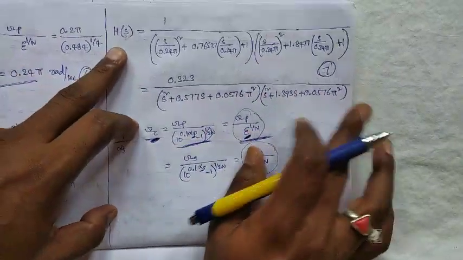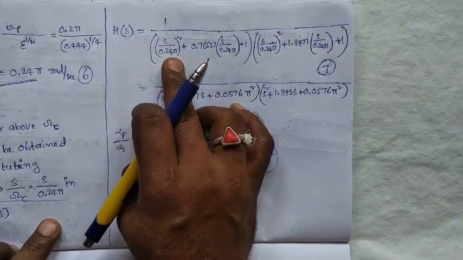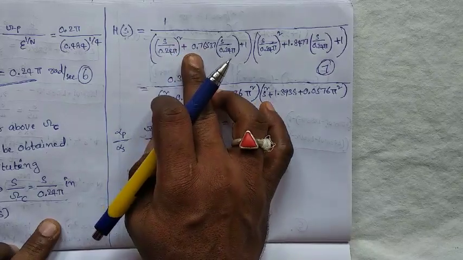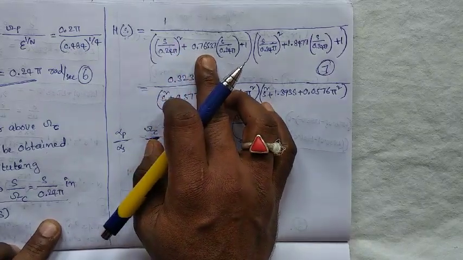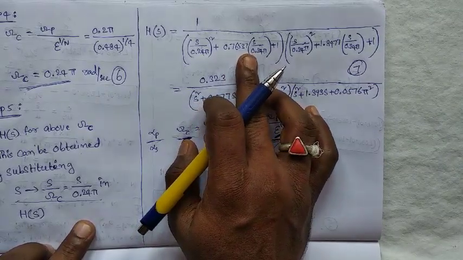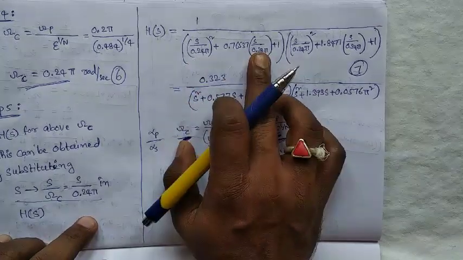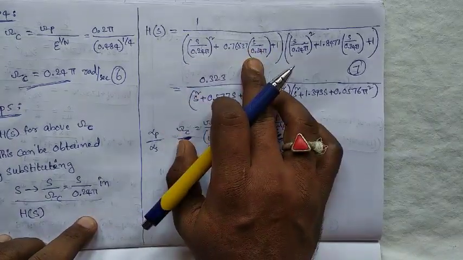Here H of S is equal to 1 by (S by 0.24 pi) whole square plus 0.76537 S by 0.24 pi plus 1, into (S by 0.24 pi) whole square plus 1.8477 S by 0.24 pi plus 1. In place of S we are writing S by 0.24 pi.